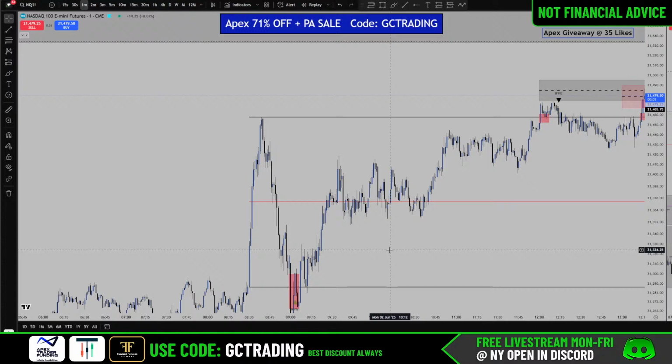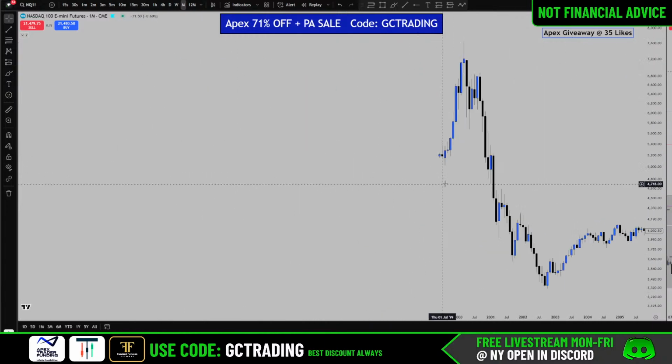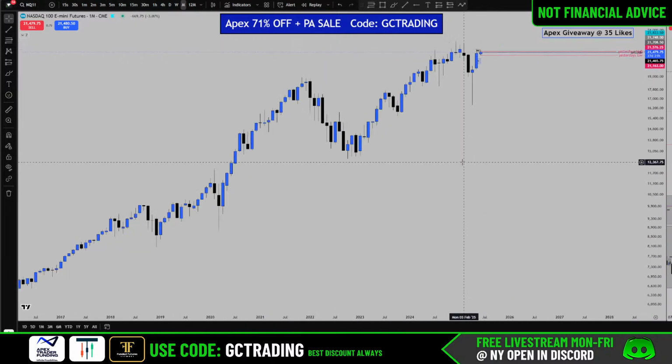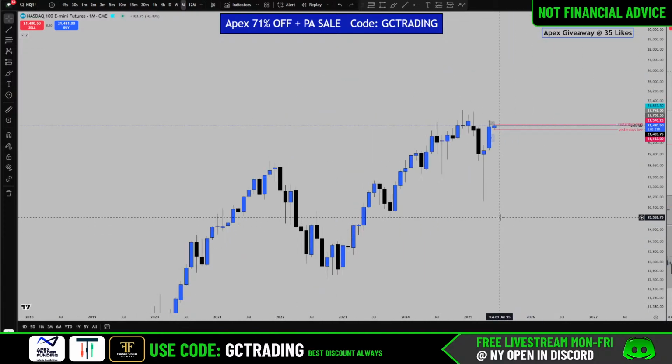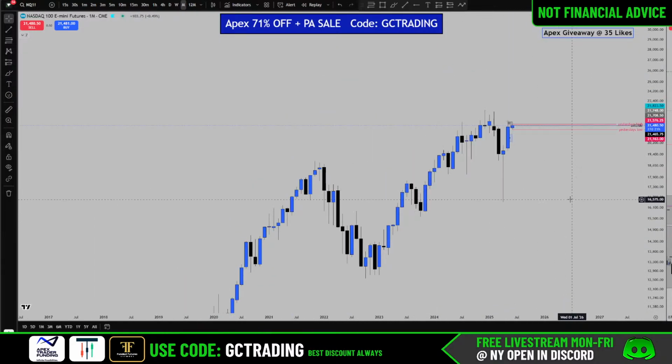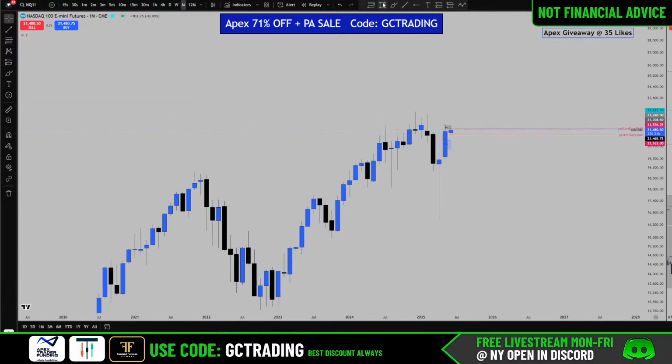How do I feel about the monthly chart? Do you think price can come down to the monthly inversion before going higher? Let's take a look at the monthly since the 1 minute's not doing much. Monthly IFVG. You mean tapping this area?